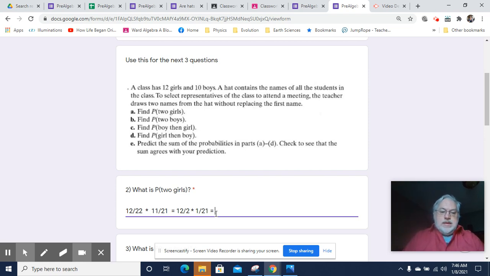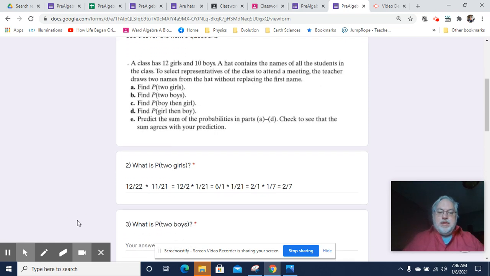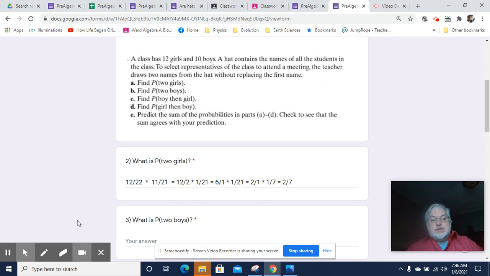So that will equal 6 out of 1 times 1 out of 21, which then becomes 2 out of 1 times 1 out of 7, which then simply becomes 2 out of 7. So there's a 2/7 probability of pulling two girls out of the class.